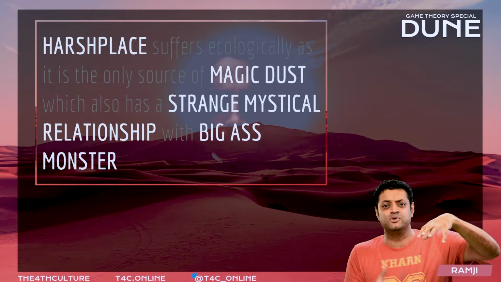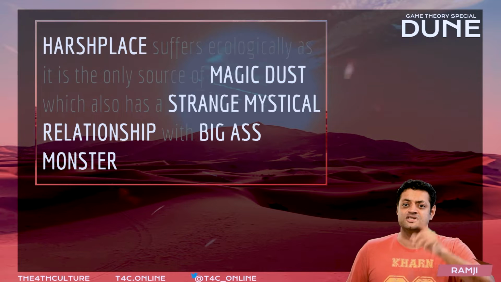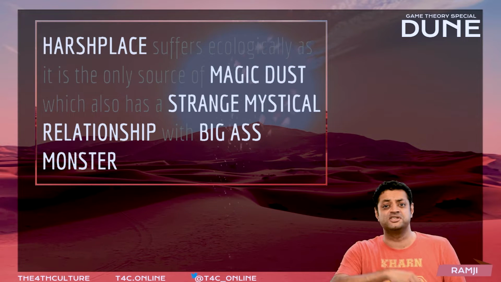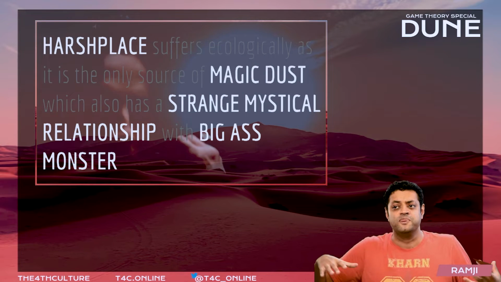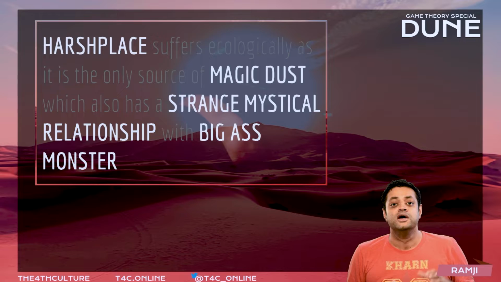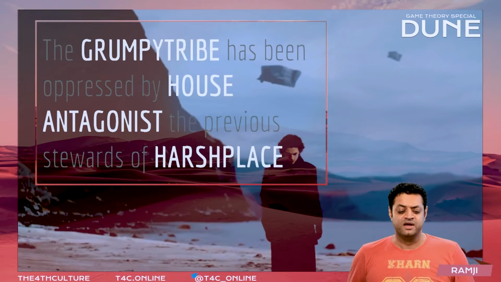So as the people responsible for extracting the magic dust from HARSHPLACE, you can't just kill the big ass monsters and you can't just make HARSHPLACE less harsh. There's this required hostile environment to create the preconditions for this important substance.